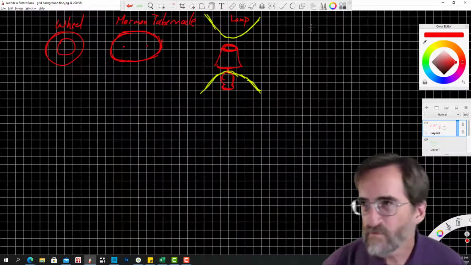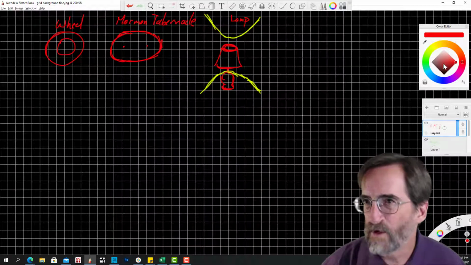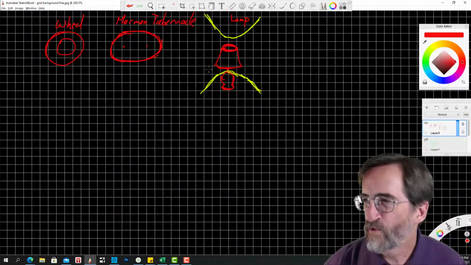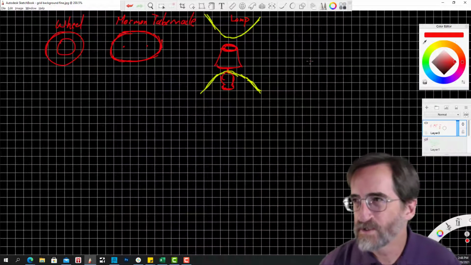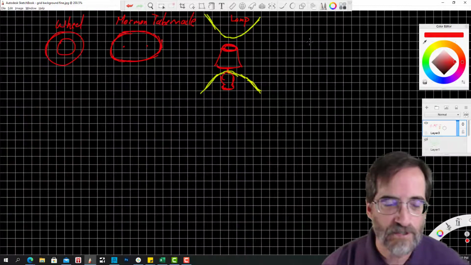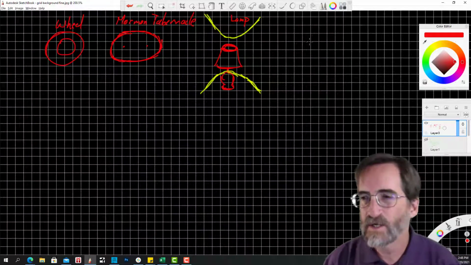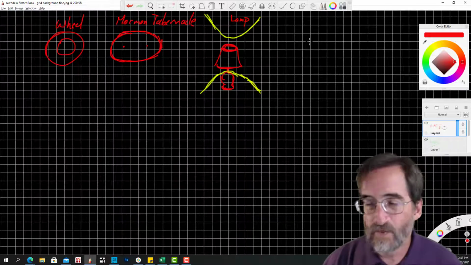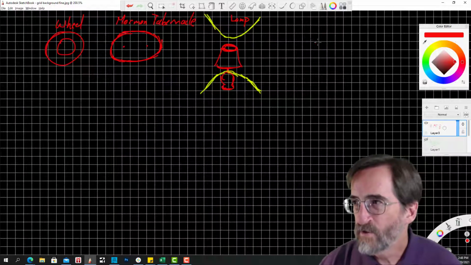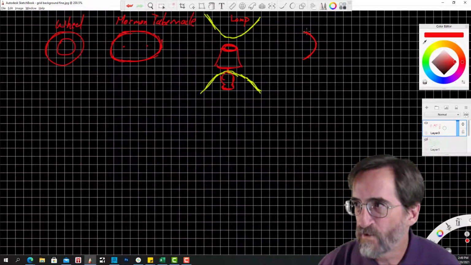Okay. For a parabola, those actually exist in quite a few places. There are parabolic reflector dishes, satellite dishes. Behind the headlight of your car is a parabolic reflector.